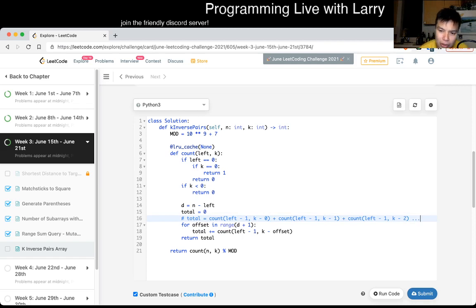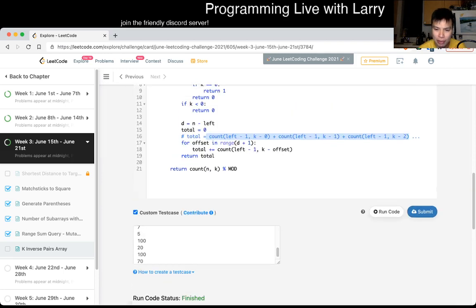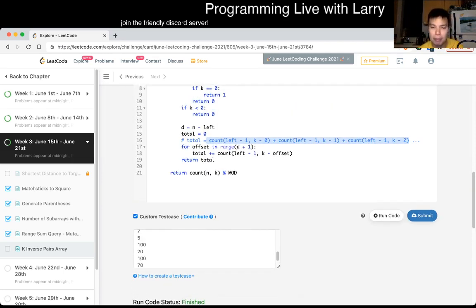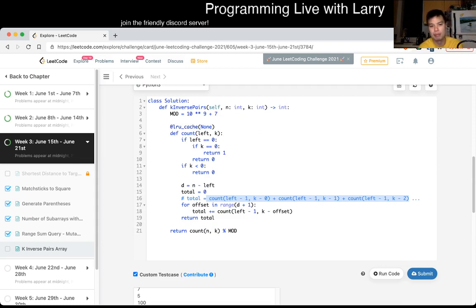The thing to notice, and this is just from experience, is that this is essentially a prefix sum. And because of this prefix sum, we should be able to reduce this a little bit.